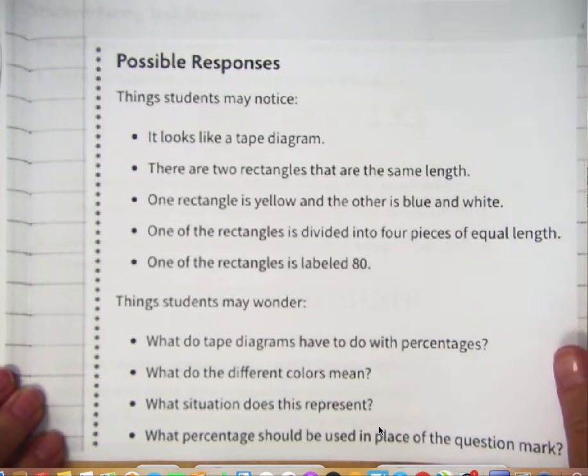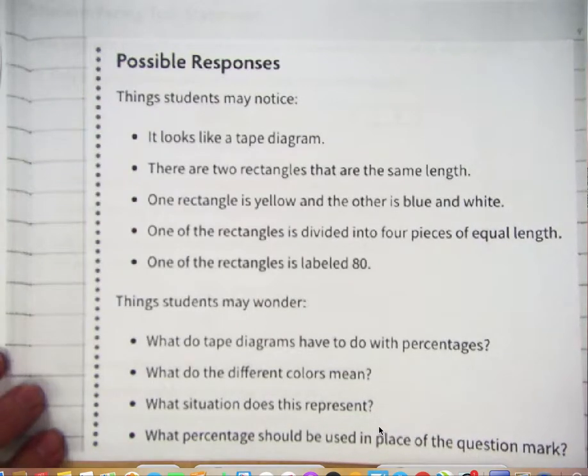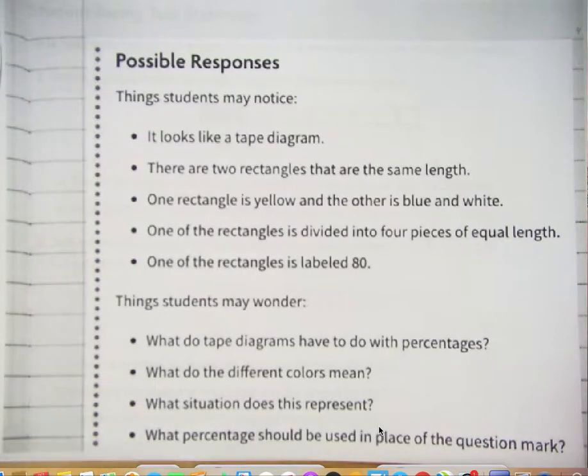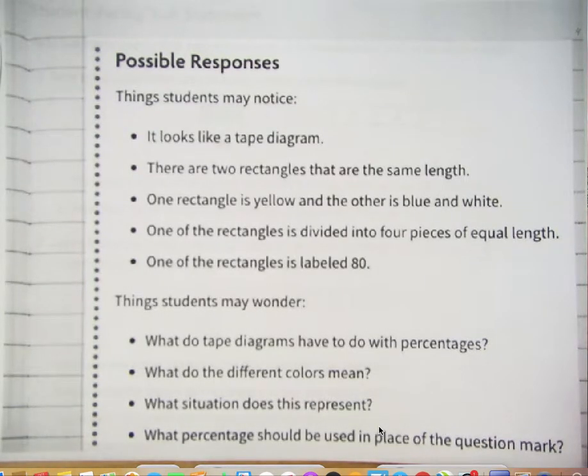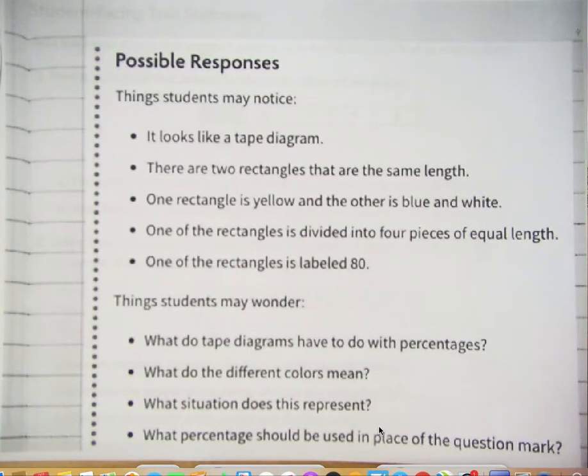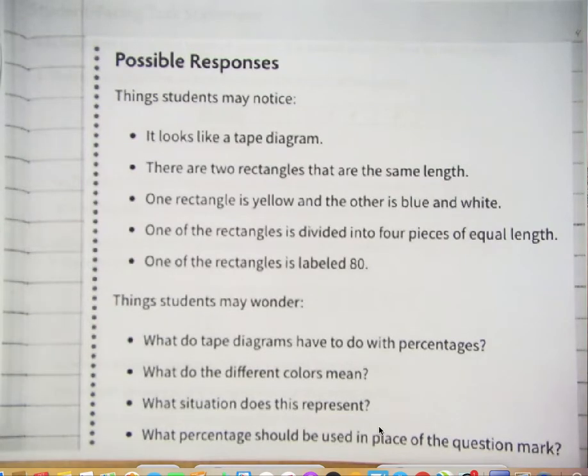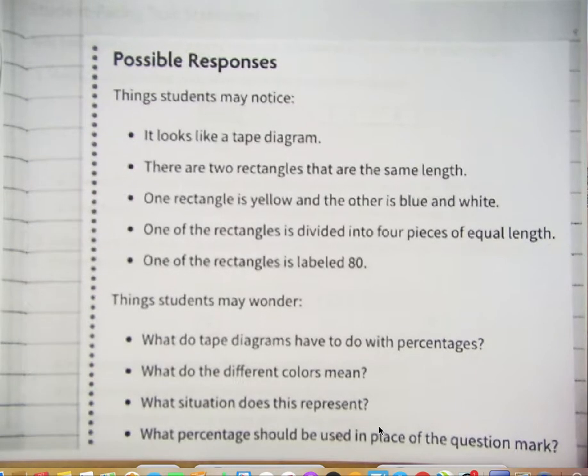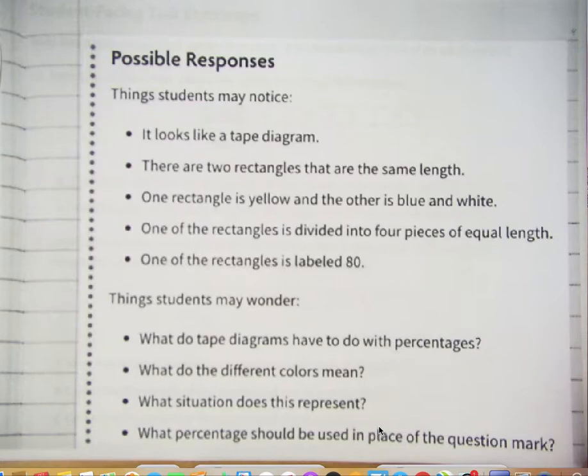We're going to skip over the colors. What does this situation represent? Well, it could represent a lot of things. It could represent ounces of Dr. Pepper, a can as opposed to a bottle, a 1 liter as opposed to a 2 liter, okay?